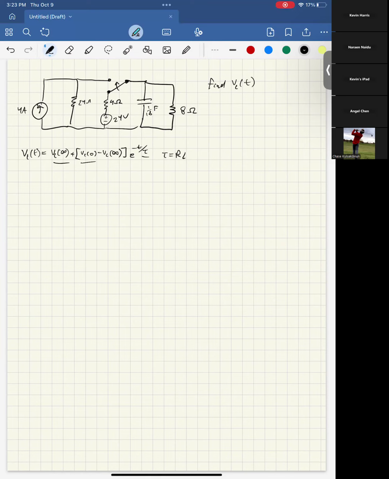So let's start with, oh, and this switches at time equals 0. With this kind of question, you're going to assume that the circuit has been in this state for a long time, which means that for the VC of 0, we can assume that this is an open circuit.